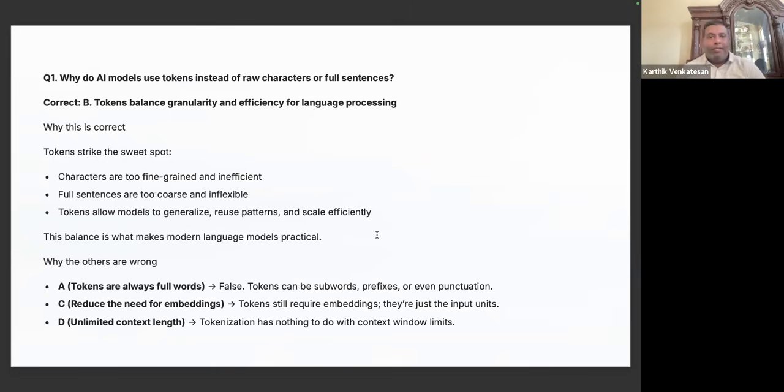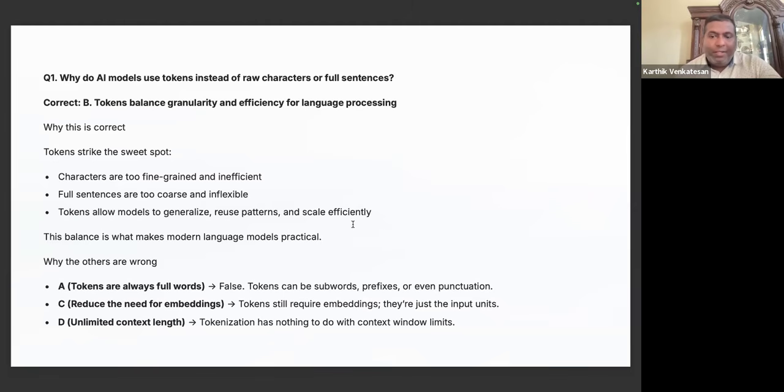If you answered B, that is the right one. It balances granularity and efficiency for language processing. If you break them down to character level, it's too fine-grained and very inefficient. Full sentences are too coarse and inflexible. So it's balancing between both. Someone said D, actually.